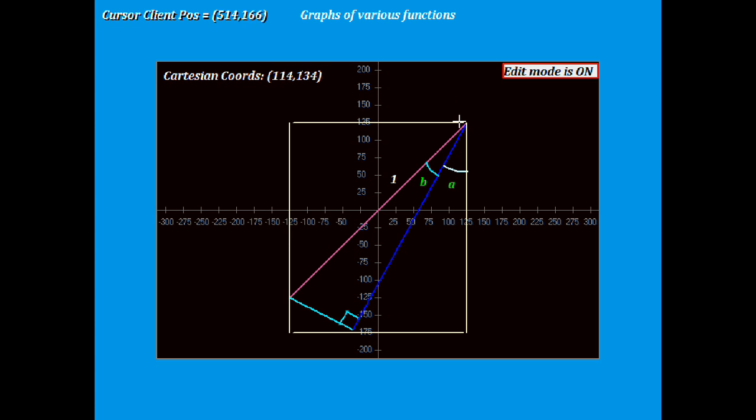This is a right triangle that previously had this line hanging down. So let's say the blue line was initially lying this way, and I rotated the triangle through an arbitrary angle called A. All right.